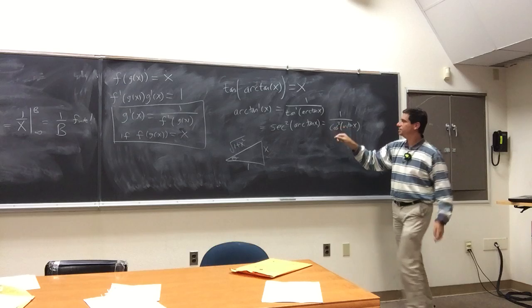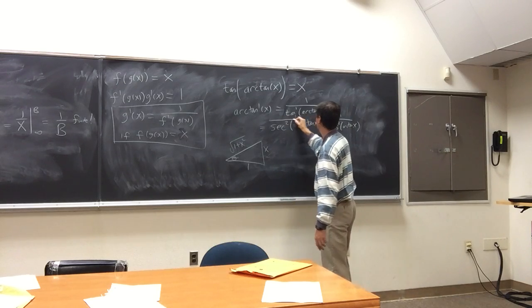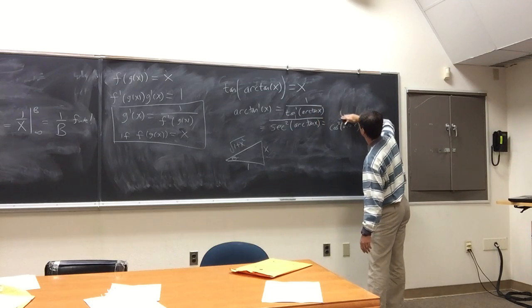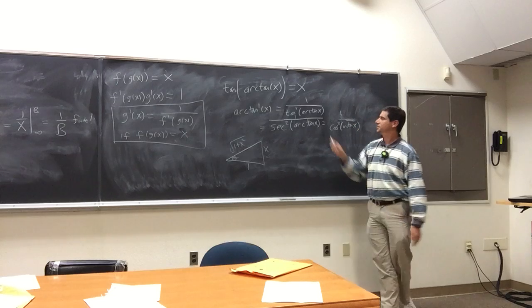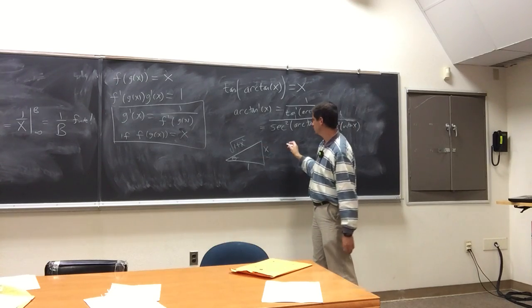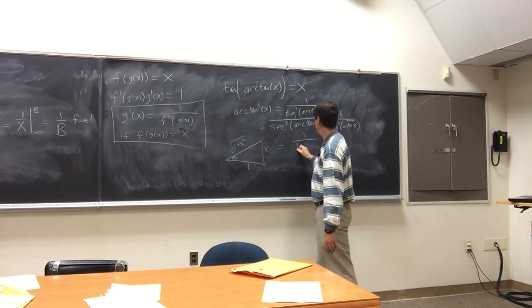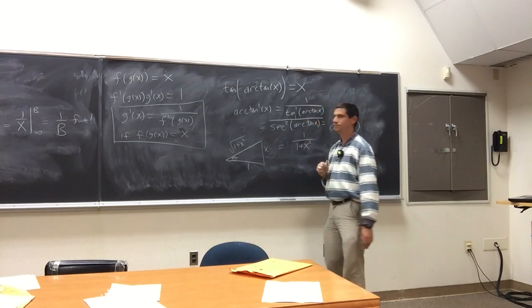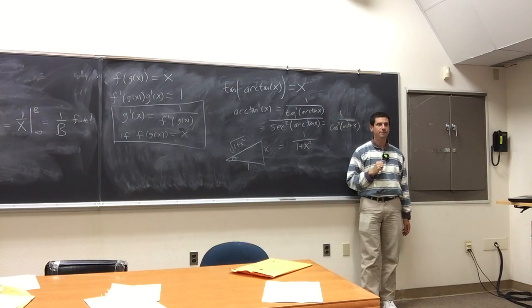Yes, it is. So this needs to be a 1 over secant squared, and this needs to be a cosine squared, because tangent was in the denominator. Okay. And so now cosine is 1 over the square root, so when I square it, I get 1 over 1 plus x squared.